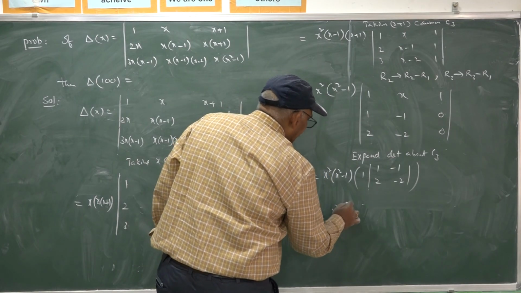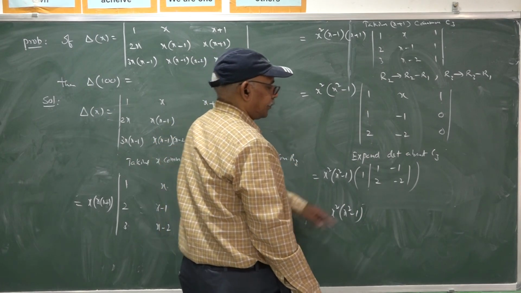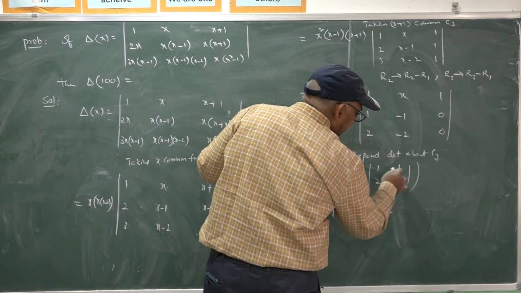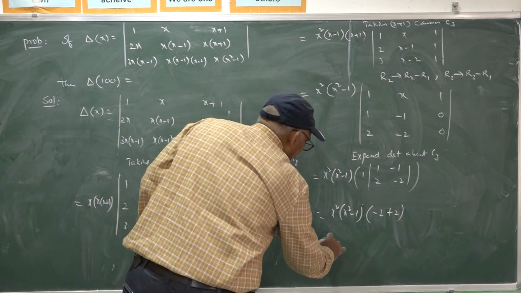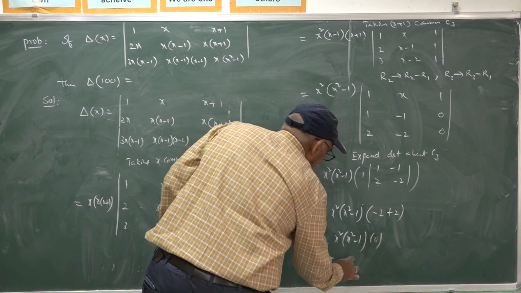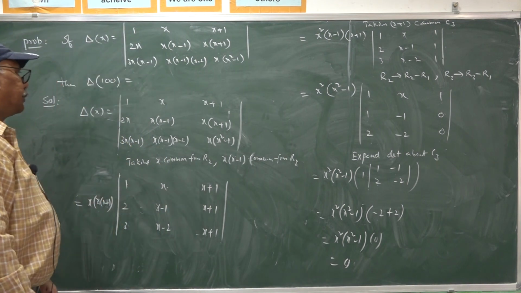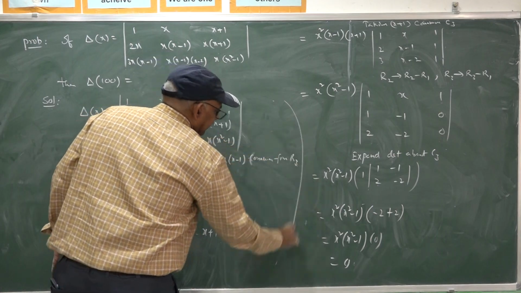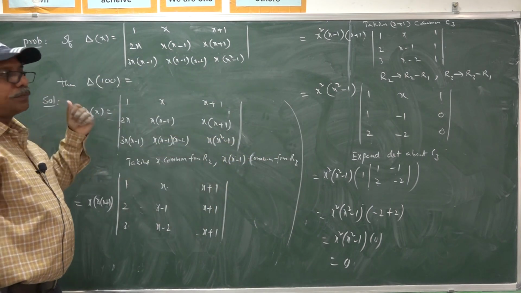That is x square into x square minus 1, of course, times minus 2 minus of minus 2, which gives us x square into x square minus 1 into 0. That gives us 0. So, whatever may be the value of x, the determinant becomes 0.